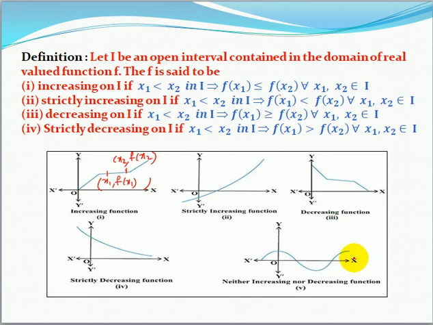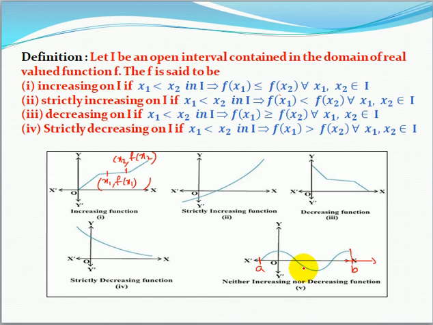Then look at the last case here. We are calling this neither an increasing nor a decreasing function. The reason being, we need to define the interval in which you are checking the nature of the function. If I say on this real line, or let us say from this point to this point, say this point is A and this is B. If this is the interval you are taking, then in this entire interval, the behavior keeps on changing.